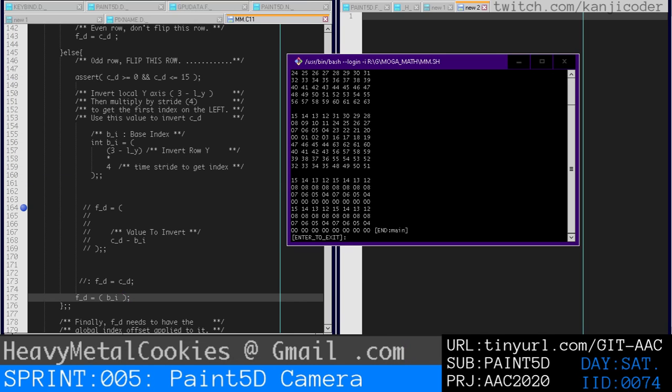So the base indexes, 0 and 8 makes sense. 0, 1, 2, 3, 4, 5, 6, 7, 8. Oh, we already have a problem here.